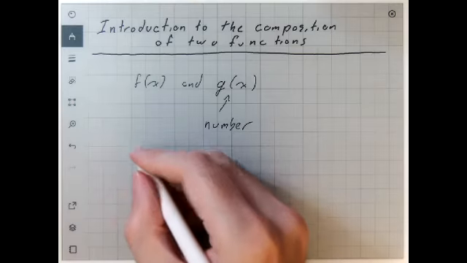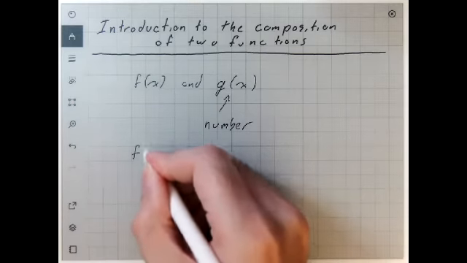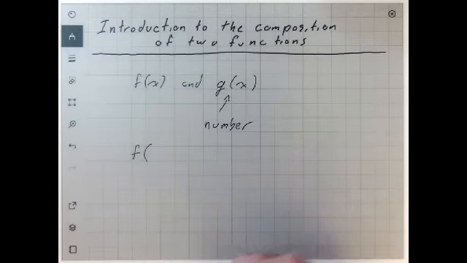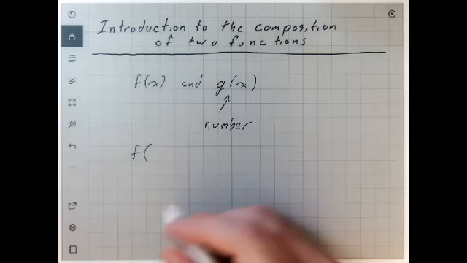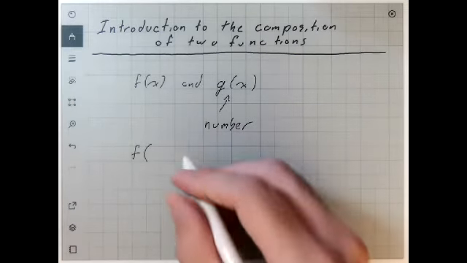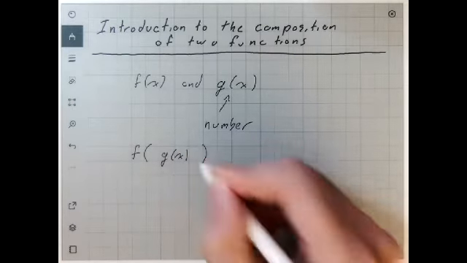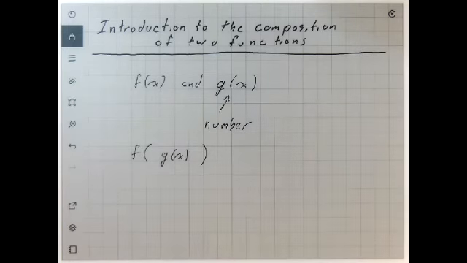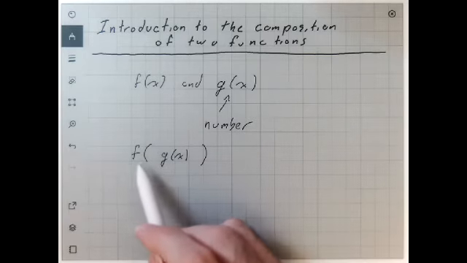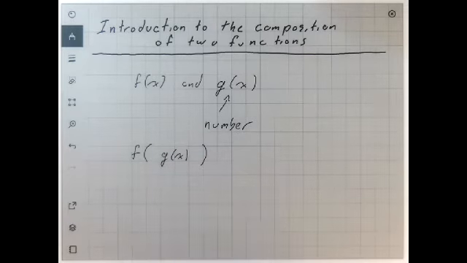And when we want to evaluate f of x, we want to evaluate it at any number we'd like. We can substitute in something else here, even something like g of x. This is what it means to take a composition of functions. You want to evaluate one function at the value of another function.